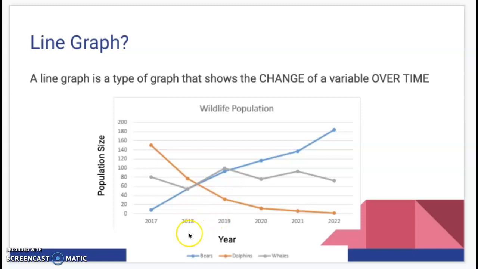And last but not least is a key, which helps the reader identify the different data sets. So in this case, we have bears in blue, dolphins in orange, and then whales in this gray color.